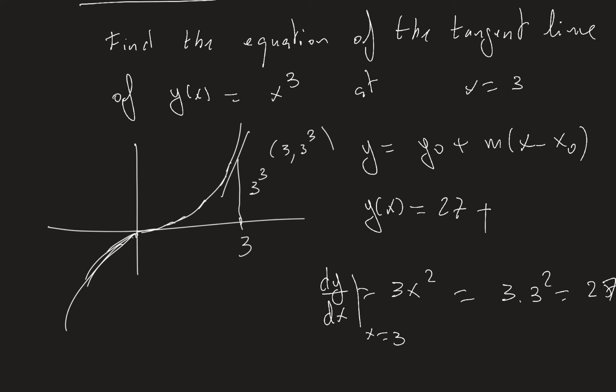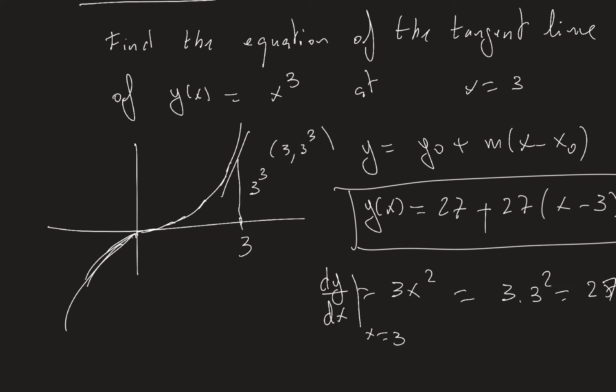Well, it was by luck. So the equation is y equals 27 plus 27 multiplied by x minus 3. So this is the equation of the tangent line to the curve y equals x cubed at the point x equals 3.